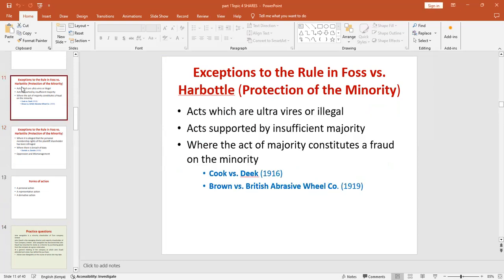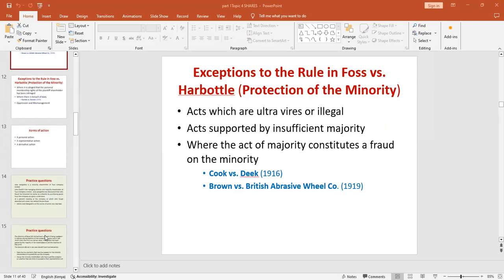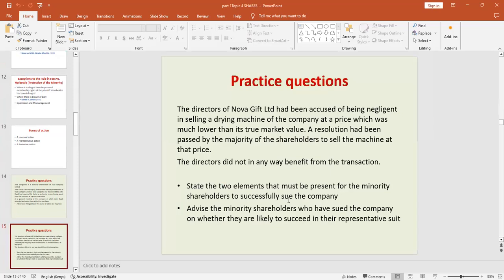If you can prove that the action was illegal, or the action didn't have enough majority, or the action was a fraud, any of these exceptions, if you can prove or show any of those, then any of those two are elements that the minority can use to successfully sue the majority.